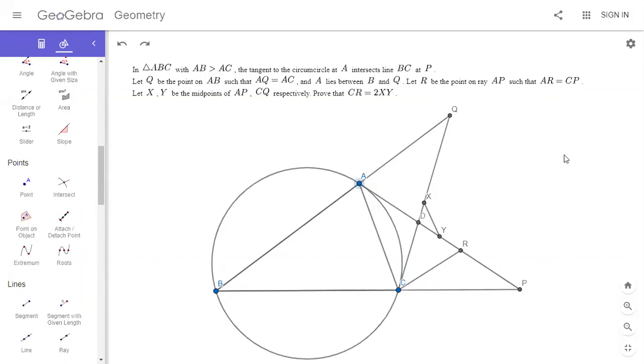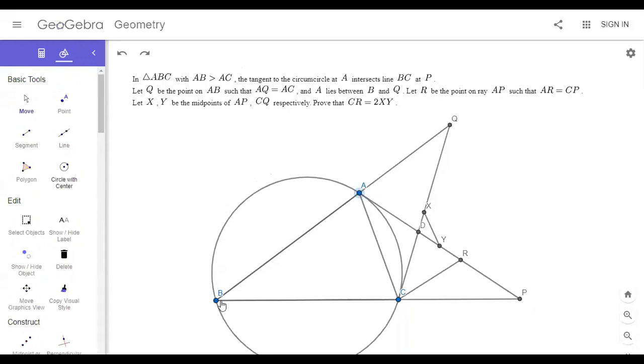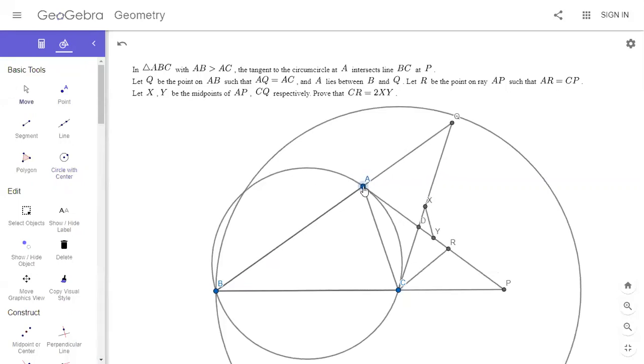But it might just be an easy angle chase because we know AP is tangent, right? So angle CAP, you need to prove CB is equal to CQ. Then that would prove the tangency. Is that true? Q looks very close, but no, CB is not necessarily CQ.